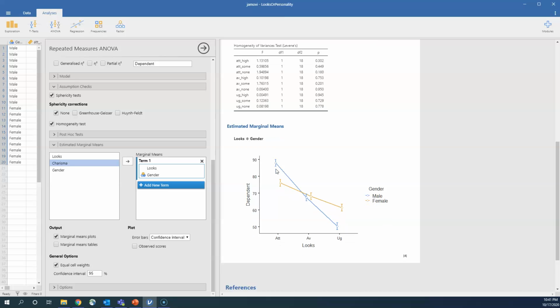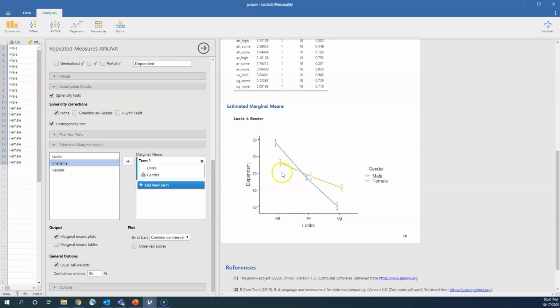If we scroll down here, you can look at the differential slopes of these two lines. They cross, they're different slopes, and because the interaction up above was statistically significant, we can say that the impact of looks on your enjoyment of the date depended on whether you were a male or female.